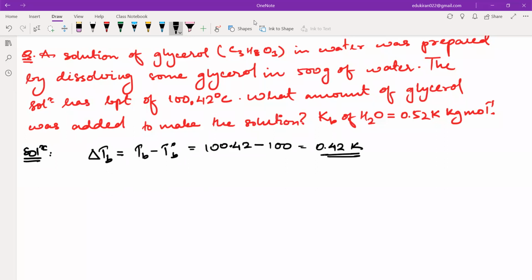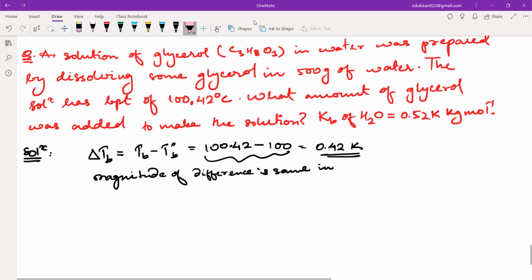0.42 Kelvin. If you even convert these values to Kelvin, you will again get the magnitude of difference will be the same in Kelvin scale and Celsius scale. Please remember this, difference hai na bhai. Isme please don't get confused.